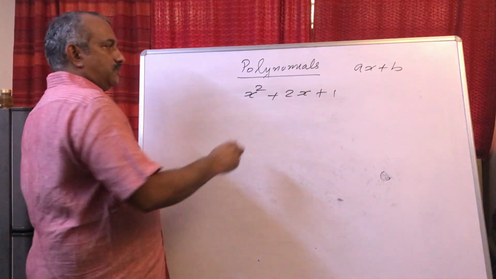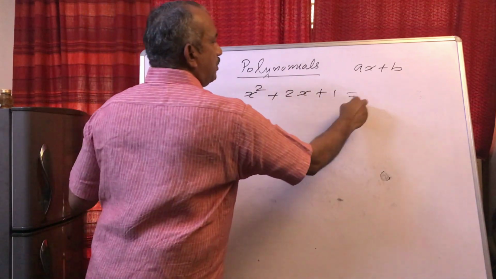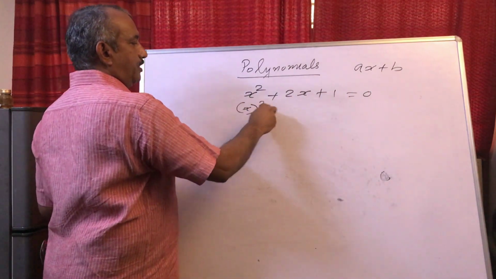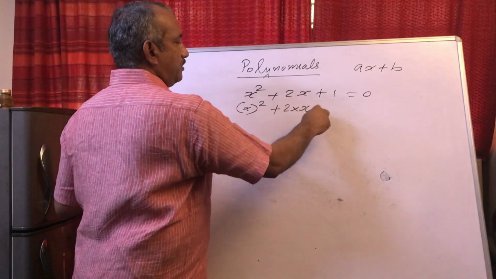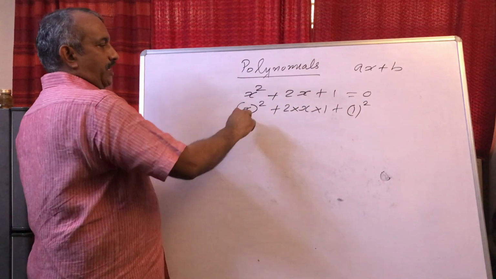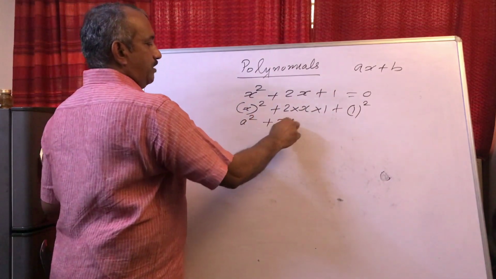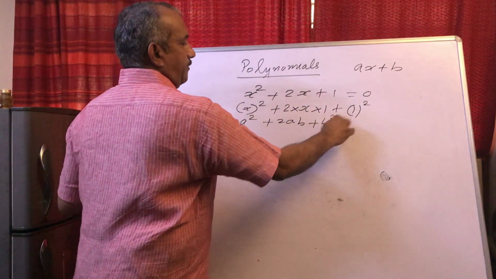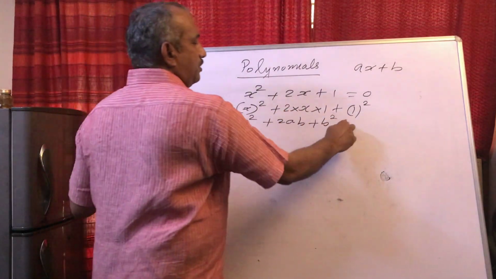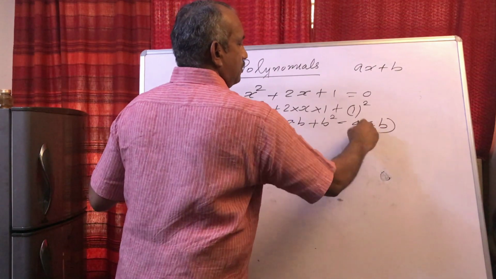So the condition is, first we'll factorize. This should be equal to 0. Now we'll check this. This is x the whole square plus 2 into x into 1 plus 1 the whole square. So it is in the form a square plus 2ab plus b square, and that is equal to a plus b the whole square.